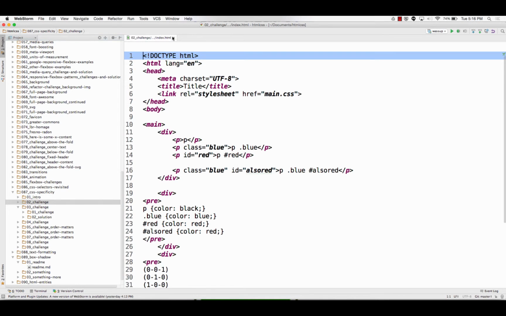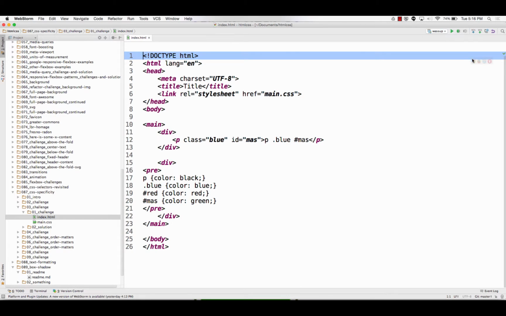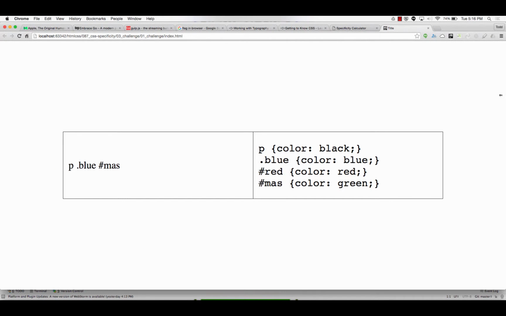Do another one. What color is that going to be? What do you think? How many people think black? How many people think blue? How many people think red?